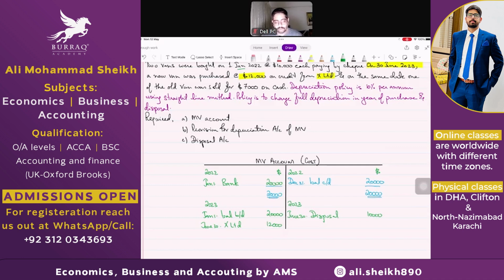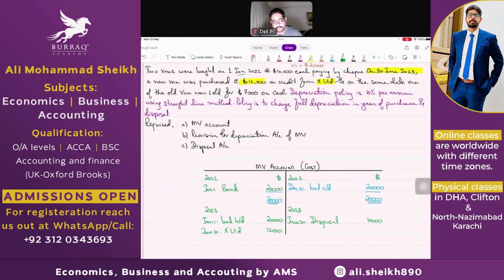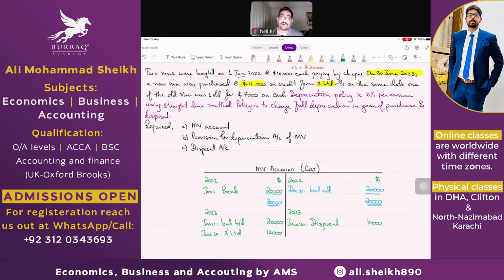The $7,000 which is received by the business on the disposal will only be recorded in the cash book. So I am repeating myself. In the cost account, everything is going to be on the cost. The price at which you have purchased the non-current asset will be recorded with the same amount. So on the credit side, I will write disposal and $10,000 because the motor van which was sold was bought in the previous year for $10,000.